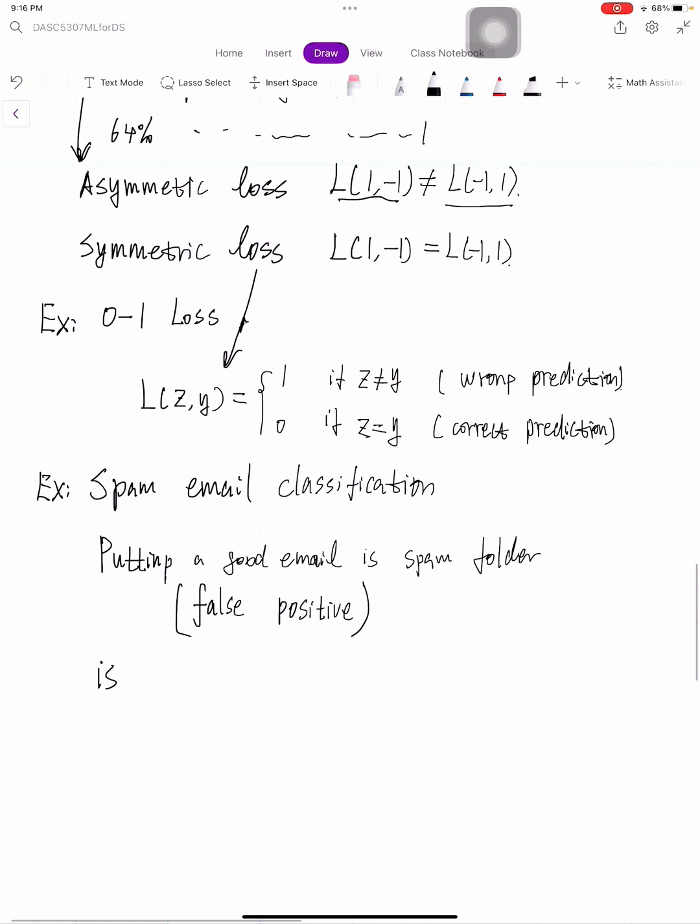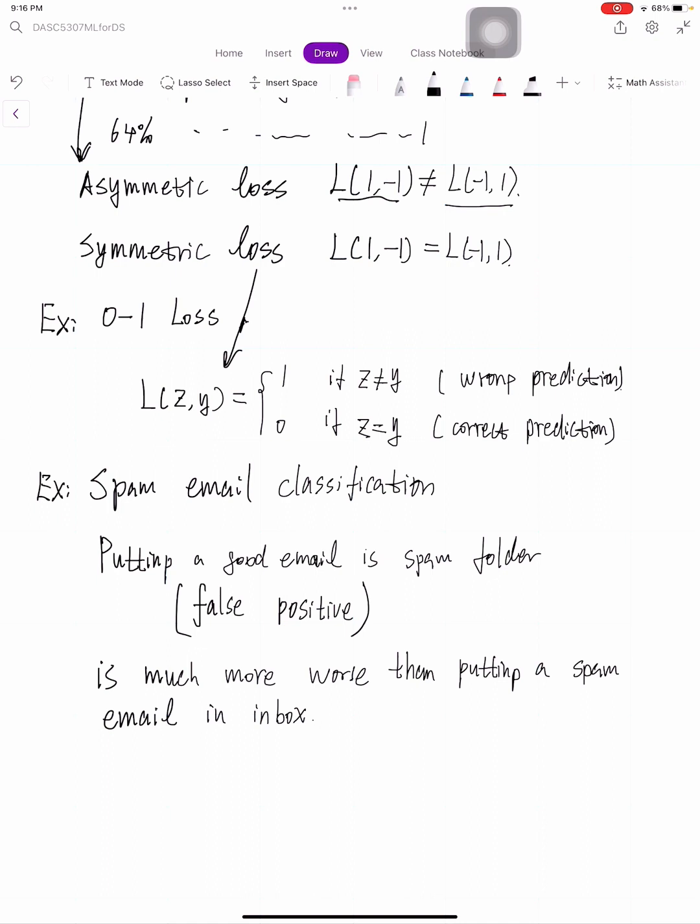Usually this is much worse than putting a spam email in the inbox, which is called a false negative.